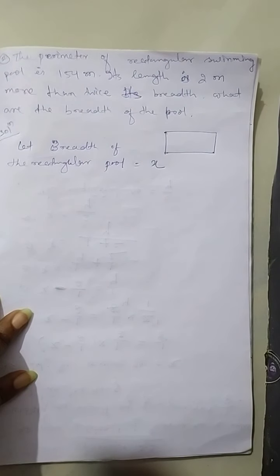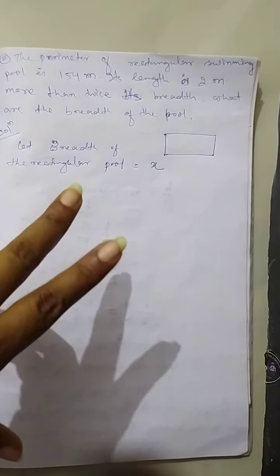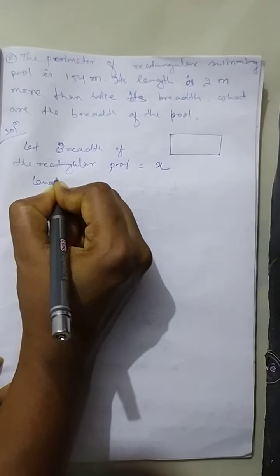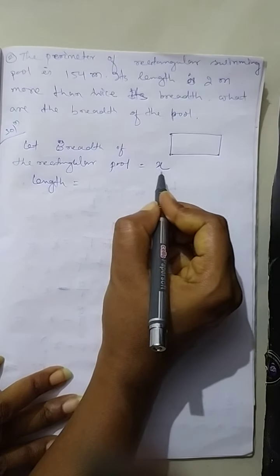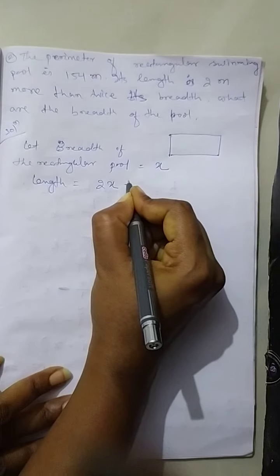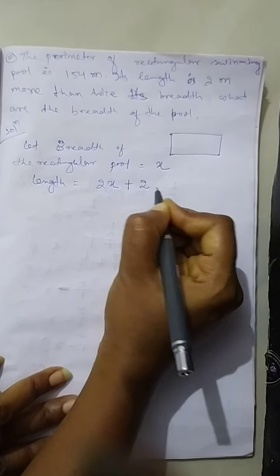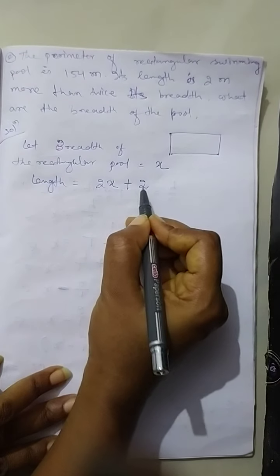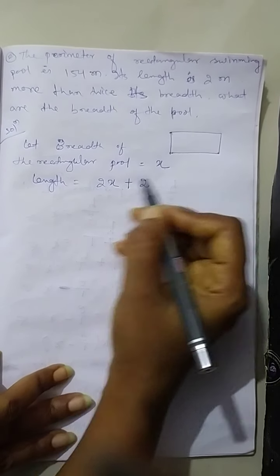What will be its length? Length is 2 meter more than twice its breadth. Twice its breadth is 2 into x, and 2 meter more means plus 2. So the length will be 2x plus 2 and the breadth is x meter.